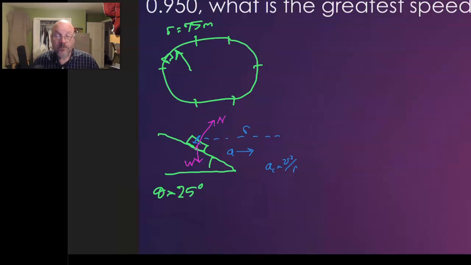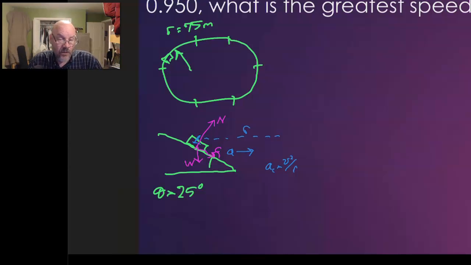Now, as the car is going around this bend, it would like to keep going straight, and so there has to be some friction. The friction that it encounters is actually parallel to the track, just like that. So there's our friction.